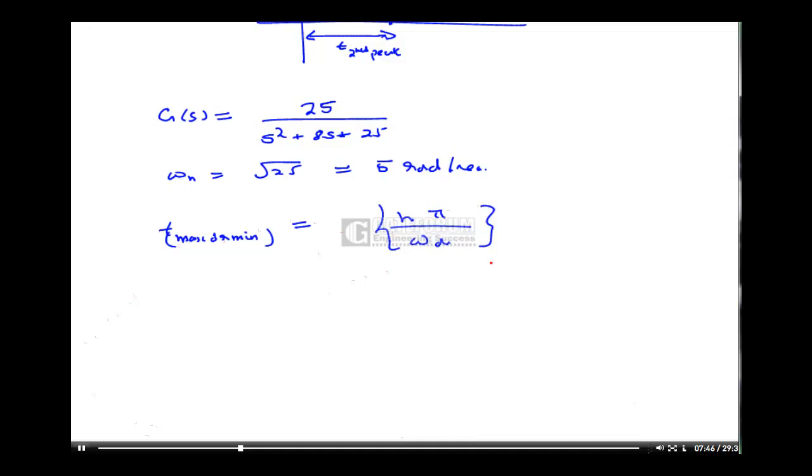N equal to 1, 3, 5 gives peak, or we can say overshoot. N equal to 0, 2, 4 gives undershoot. Okay. Now it has become very clear. So for second peak, my n value is equal to 3.